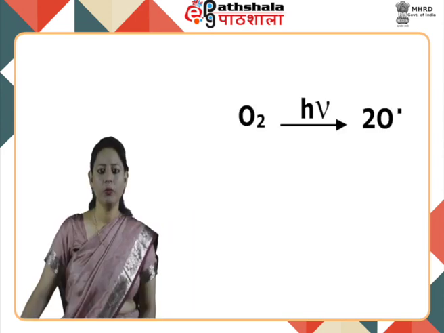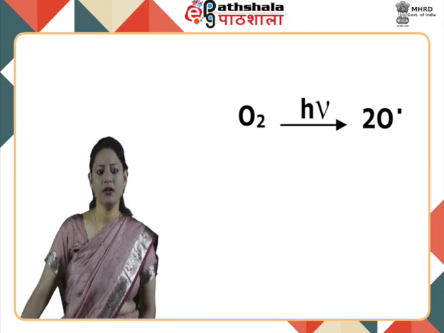Ultraviolet radiations, if they reach Earth's surface, damage plants and animal life. The ozone layer prevents these harmful UV rays from reaching Earth's surface. Now, let us see how ozone formation occurs. Ozone is formed when the ultraviolet radiation acts upon molecular oxygen.